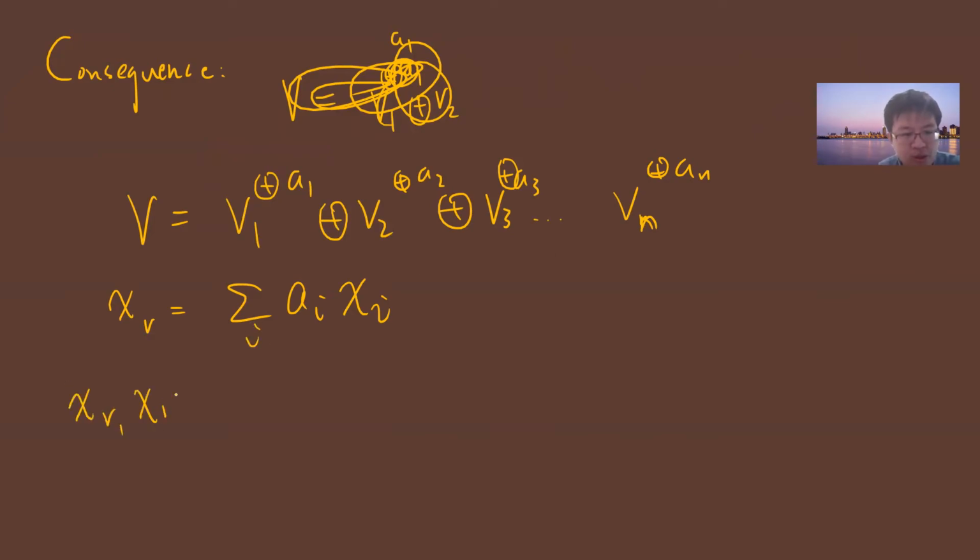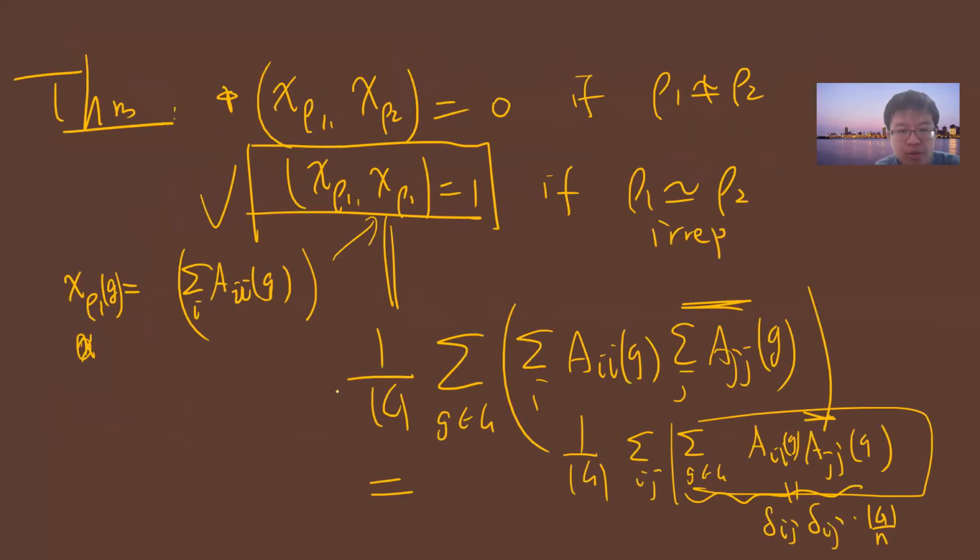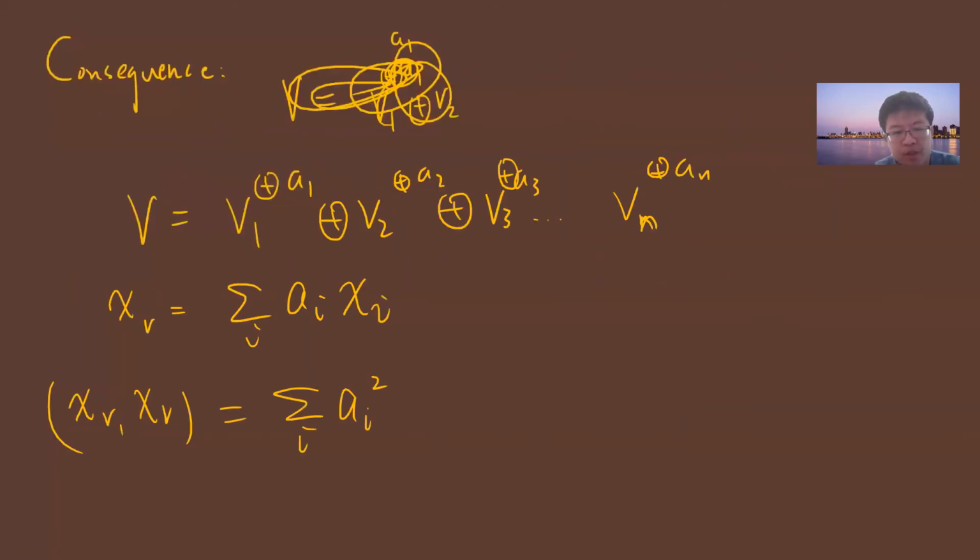And you can easily check that since they are orthogonal, the inner product of χ_V with itself becomes the summation over i of a_i squared. Notice that these a_i are all integers, so there are no complex values to worry about. We just get the sum of a_i squared. Okay, so this is the first result.